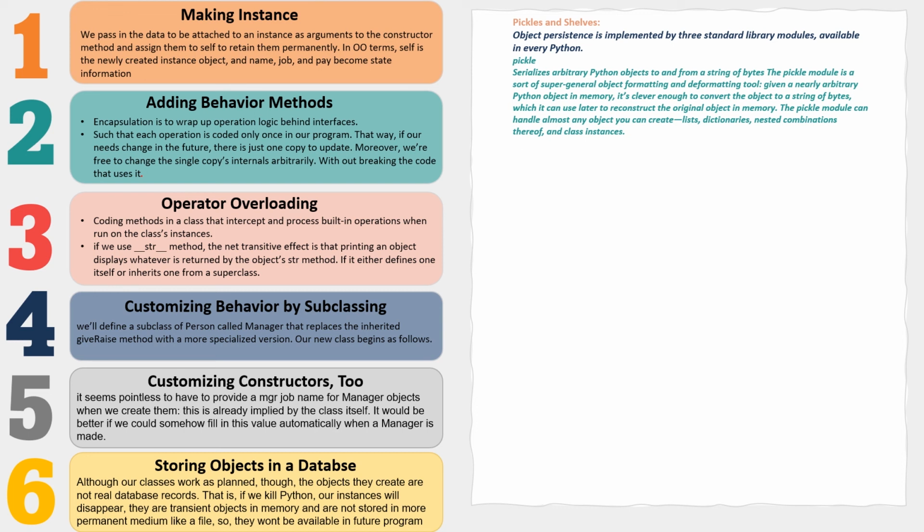The pickle module is a sort of super general object formatting and deformatting tool. Given a nearly arbitrary Python object in memory, it's clever enough to convert the object to a string of bytes, which it can use later to reconstruct the original object in memory.